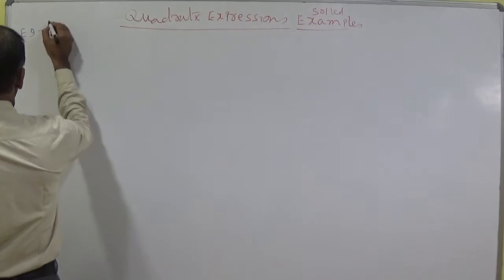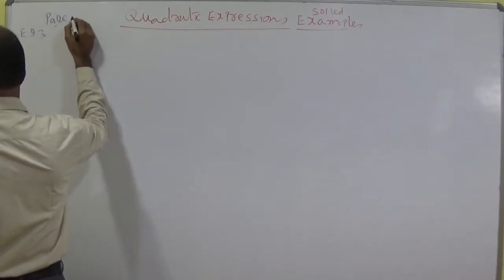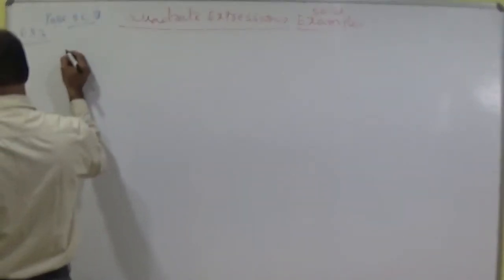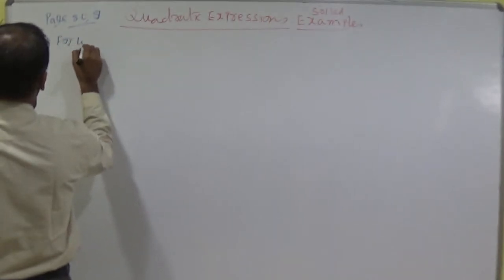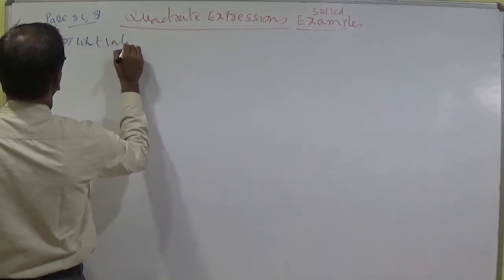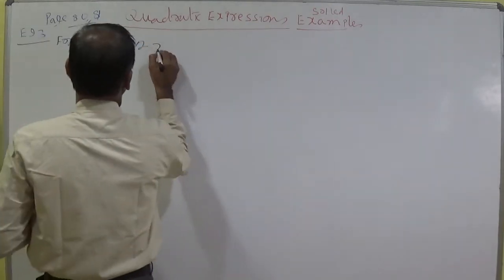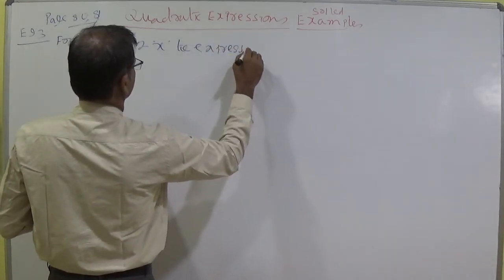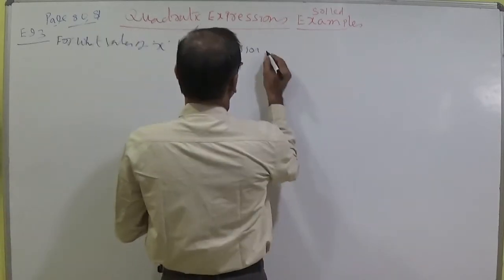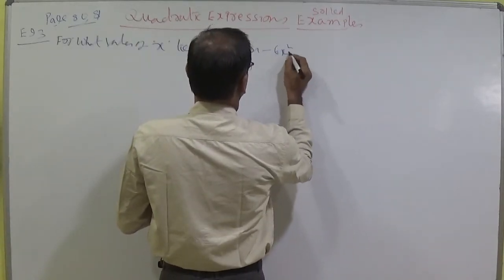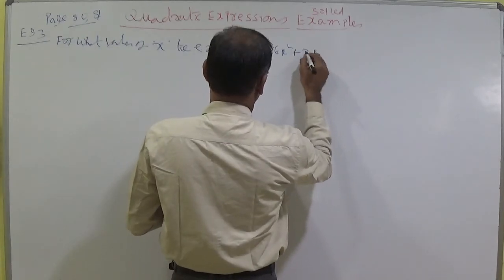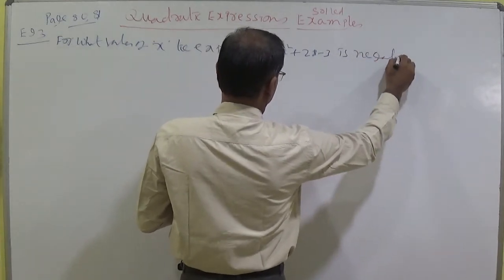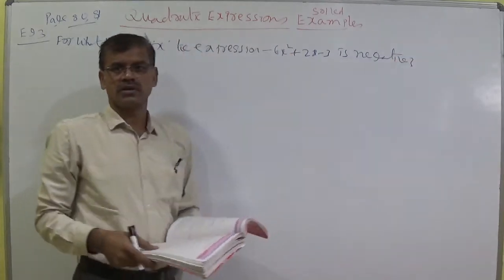Example 3, page number 80, 81. For what values of x is the expression minus 6x square plus 2x minus 3 negative?